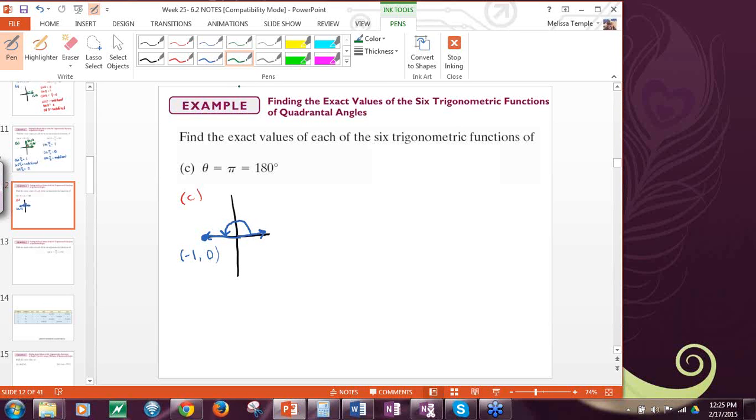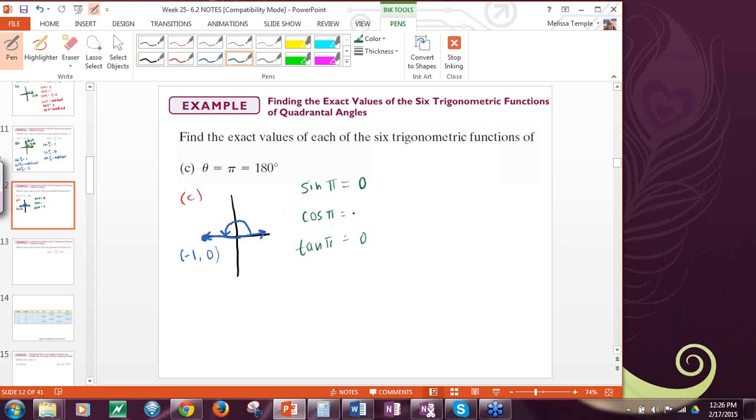We're going to do the same exact thing. We're going to see a lot of repetition here. So sine of theta, or excuse me, sine of pi, in this case my theta is pi, is negative 1. Cosine of pi is 0. Tangent of pi is 0. Oh, I have these backwards. Sorry. Sine of theta is your y.